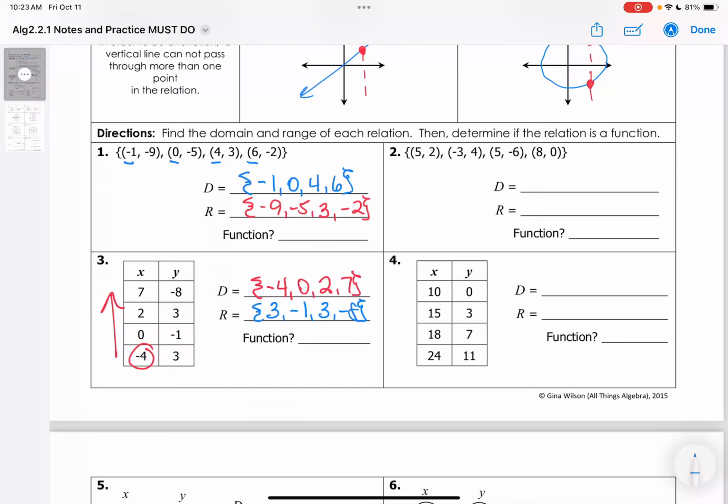So I skipped the part about the function. Remember that each member of the domain, or the x values, has to have only one y value. So yes, this one is a function. And up above, also a function, because none of those x values repeat. None of the y values repeat.